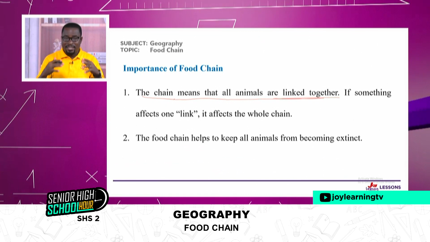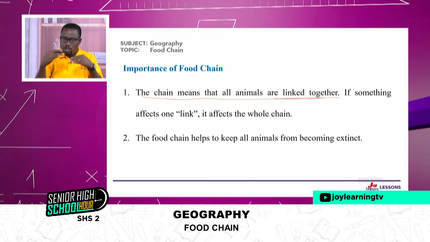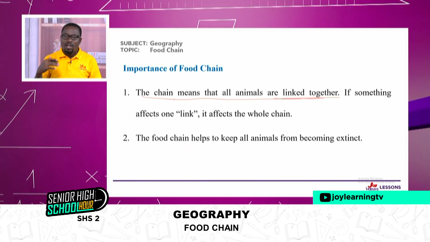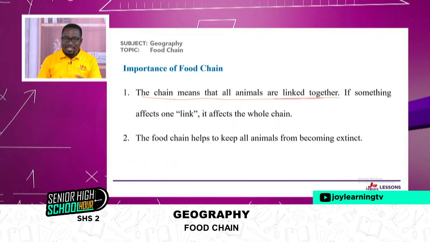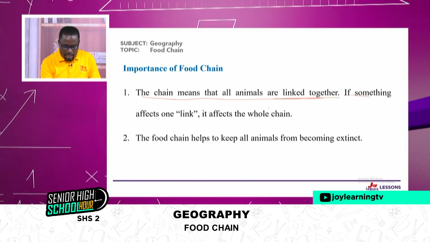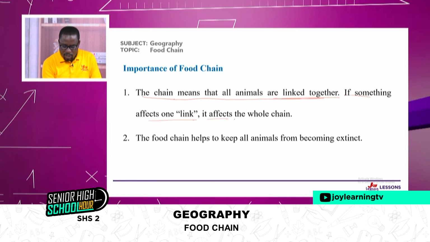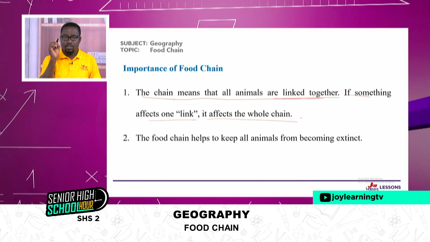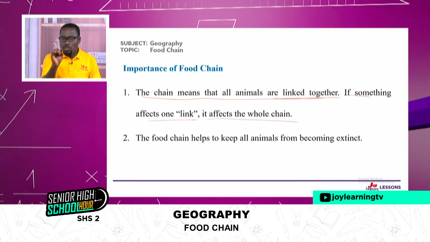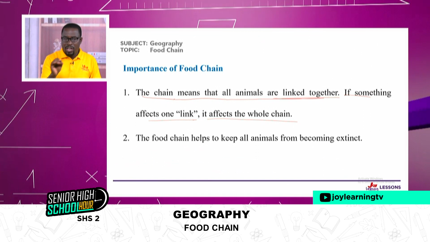It makes us understand that all animals are linked together because there's transfer of what? Energy. And so the organisms keep what? Surviving. And the cycle what? Continues. If something affects one link, it affects the whole chain. So don't forget that along the line we said for an ecosystem to work, there should be a flow of what?